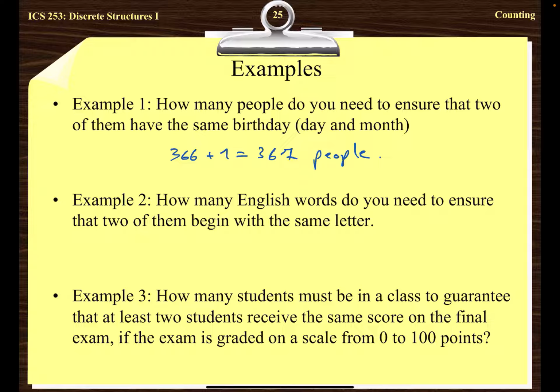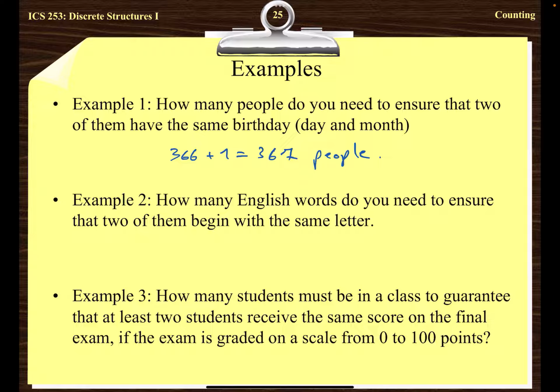Two of the words begin with the same letter. How many words do you need to have at least to make sure that two of them begin with the same letter? 27.